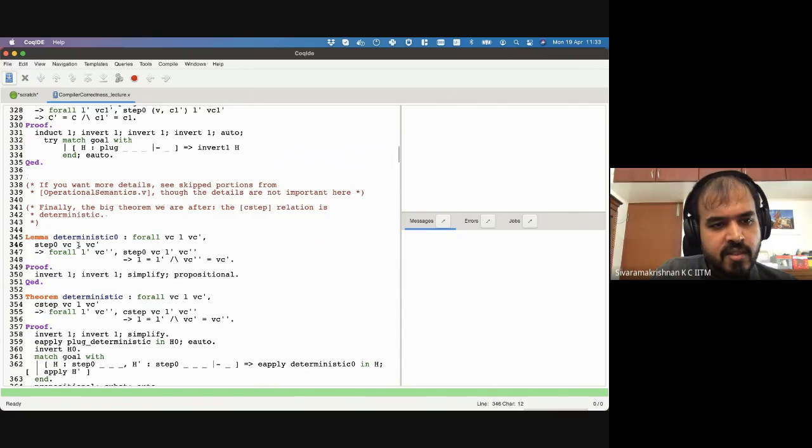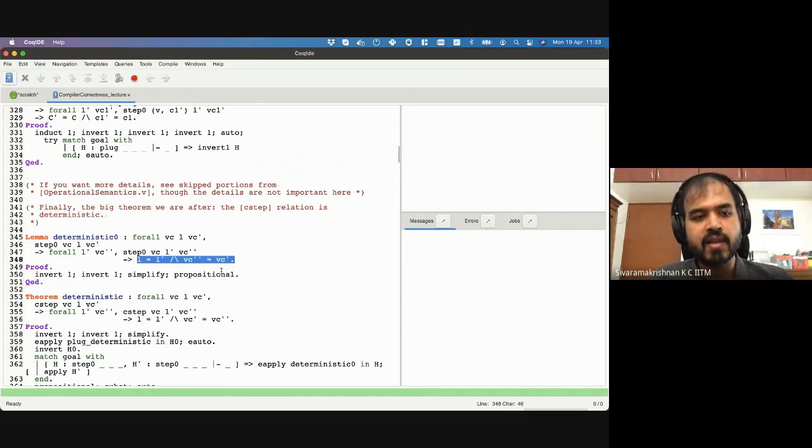So this is one result of stepping. This is the other result of stepping. Determinism just means that l equals l prime and v prime, c prime equals v double prime, c double prime, right? So if I am stepping from v, c here, I'm also stepping from v, c here. I'm just using different variables here, right? This determinism just says that these must be the same, right?